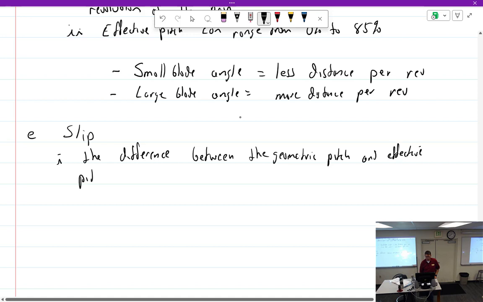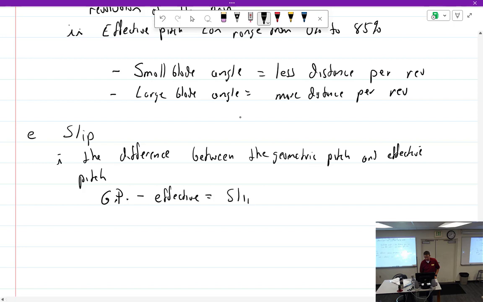Is there any correlation with downward maneuver? Slip? No. So geometric pitch, GP, minus effective pitch equals slip.